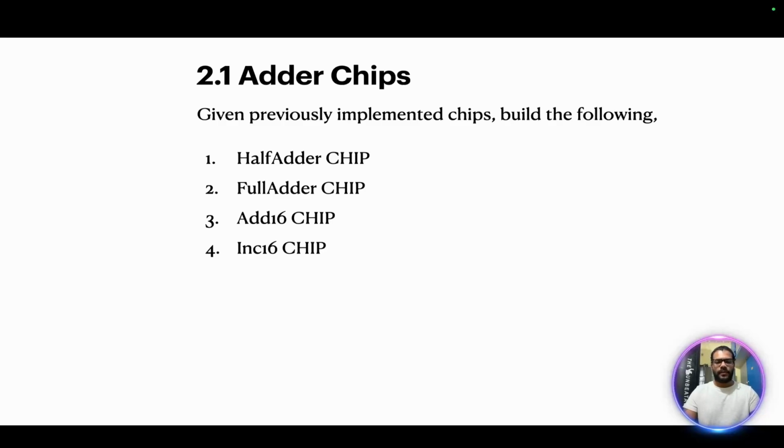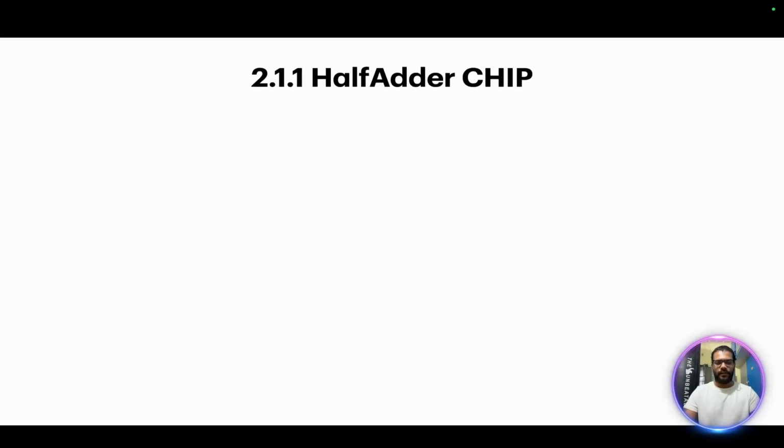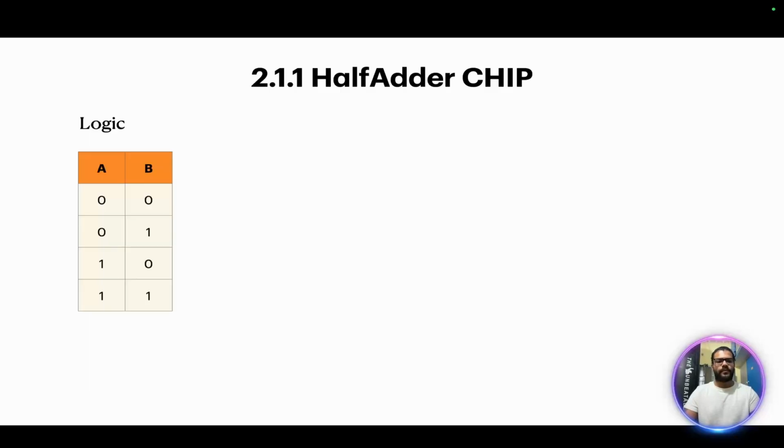Let's get started with the first step, which is the half adder. What is half adder? Well, we take two binary numbers, and we are supposed to add them and return sum and carry. Let's see how this works.